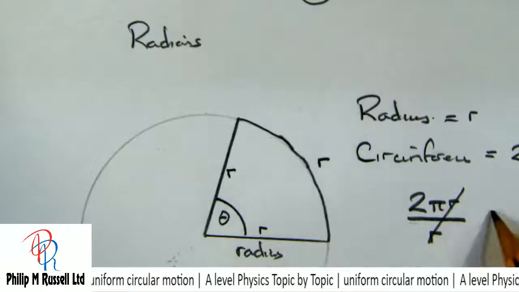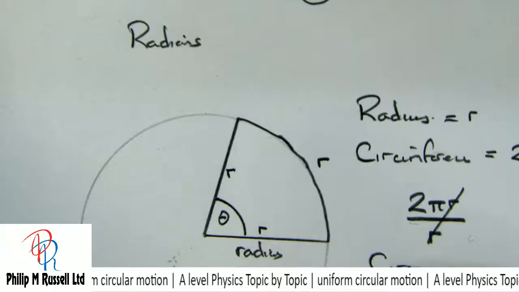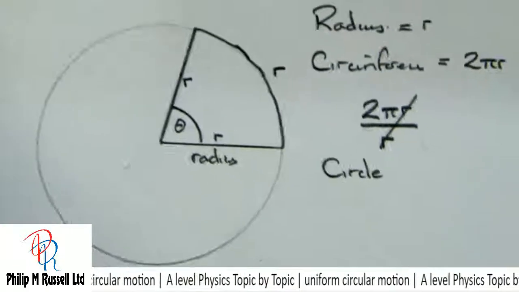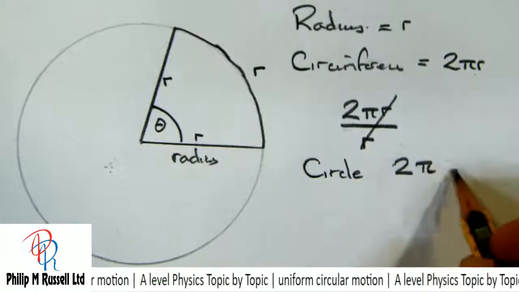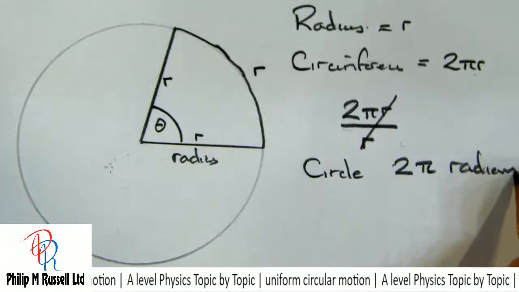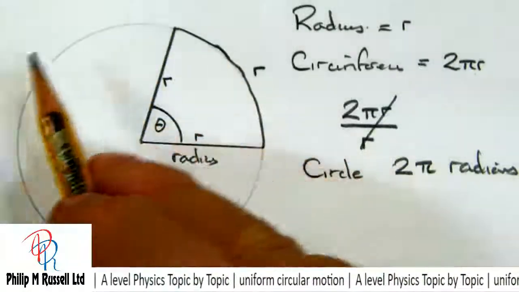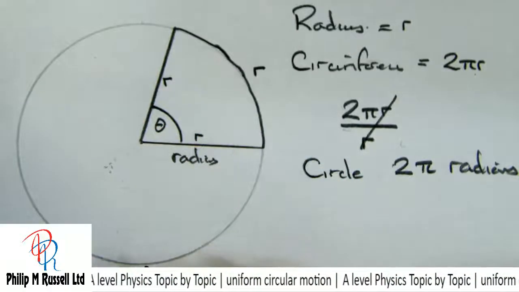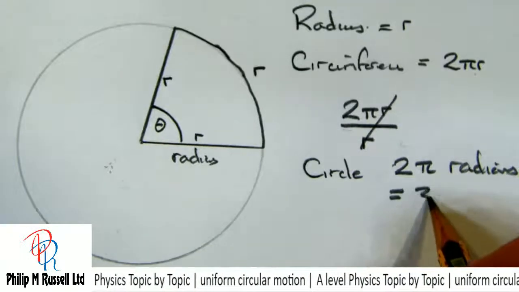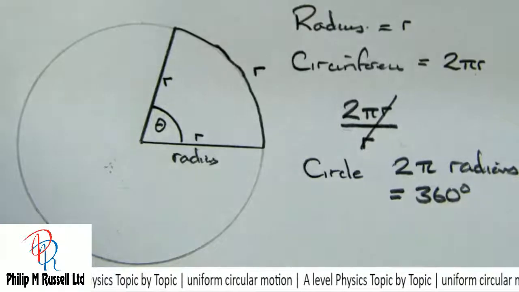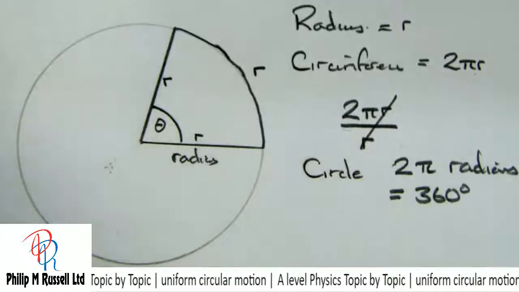They cancel out, and so we can say that my circle is going to be 2 pi radians. One complete revolution of this circle equals 2 pi radians, and that also equals 360 degrees. So we've got here some sort of measurement.